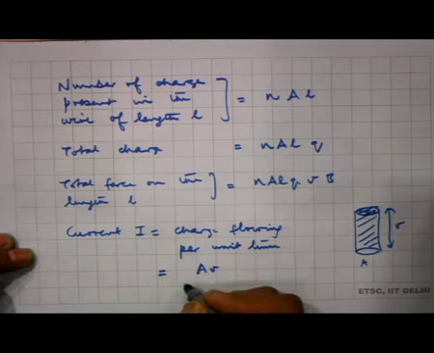So, I can replace n A V times Q by current I, and I get the force which is equal to I times L times B. So, here n A Q V is I, remaining I have L and B. So, the force is nothing but current multiplied by length of the wire multiplied by the magnetic field.